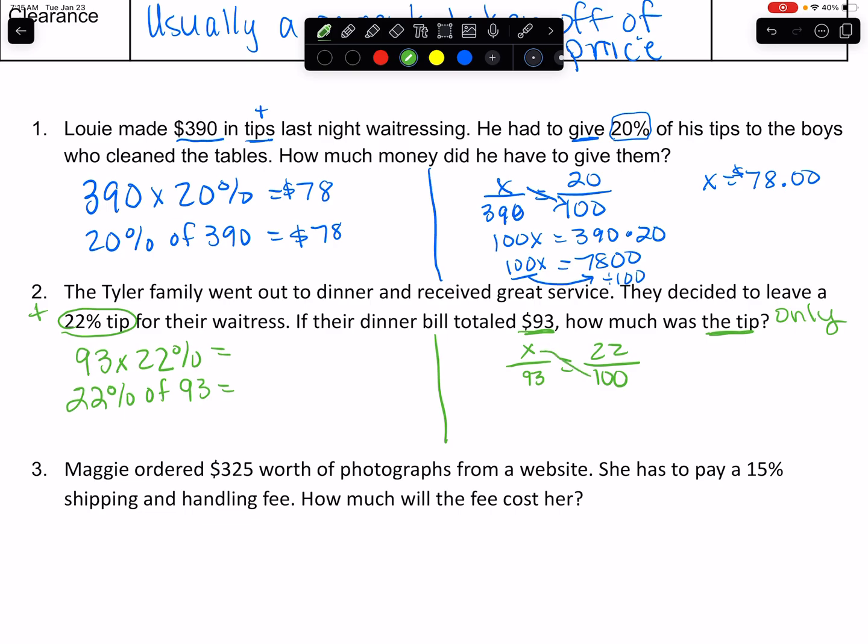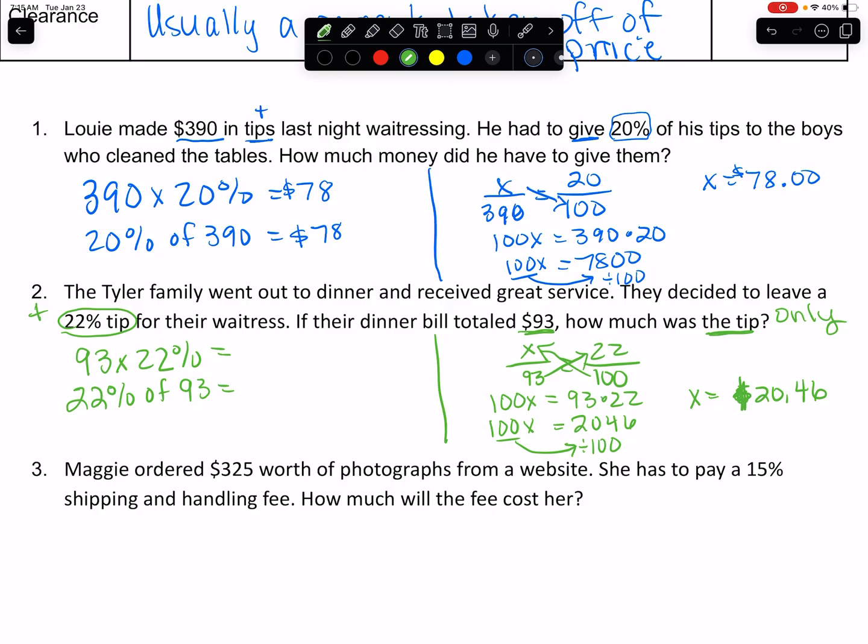So then you would cross multiply, put the 100x on one side, put the 93 times 22 on the other side. My calculator says that 93 times 22 is 2,046. So we get 100x. Then you divide by 100 and you get x equals 20.46, and that is dollars.